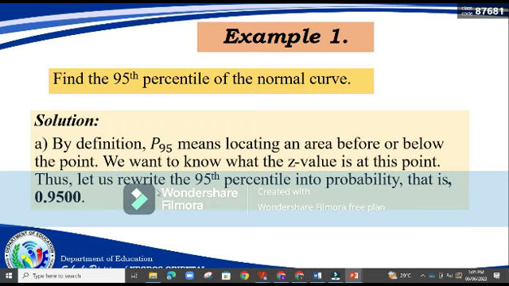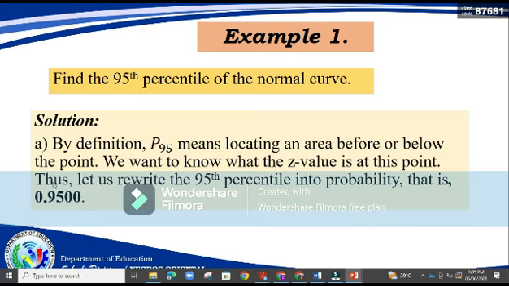Thus, let us rewrite the 95th percentile into probability, that is 0.9500. By the way, 95th percentile is the same as 95 over 100. So 95 divided by 100 is 0.9500. That is automatically your probability or area.